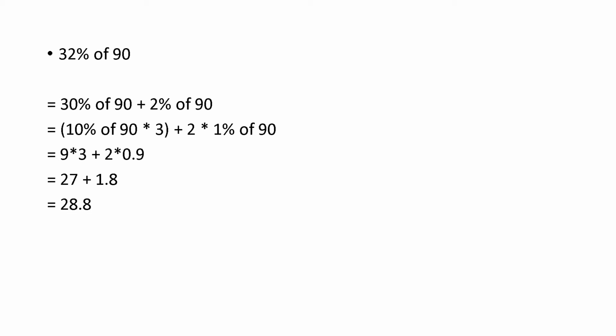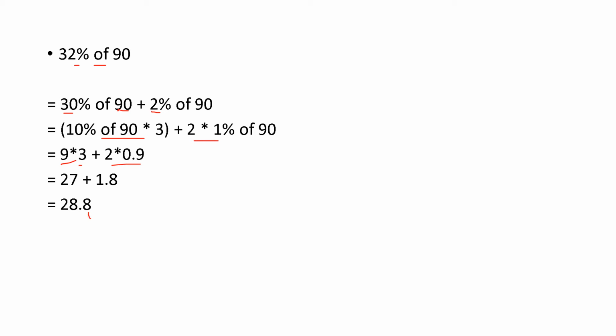Next is 32% of 90. So 90 is the number. 32 means 30 plus 2. 30 means 10% into 3. Okay. 2% means 2 into 1%. So 10% of 90 is 9 multiplied by 3 and then 2 into 1% of 90, that is 0.9.